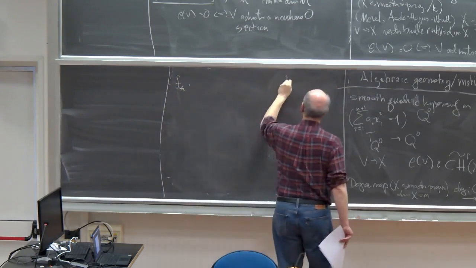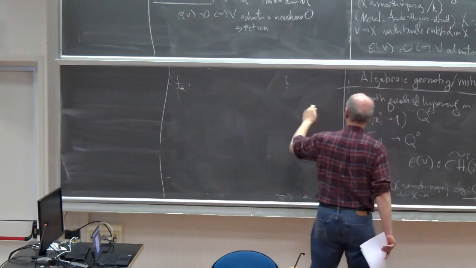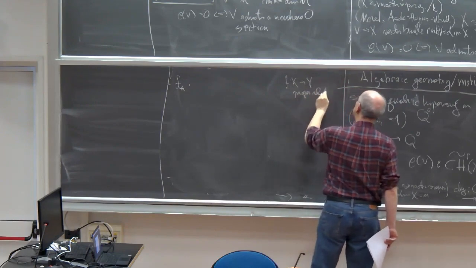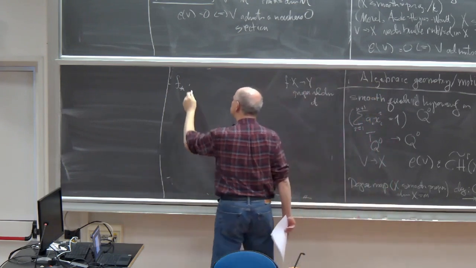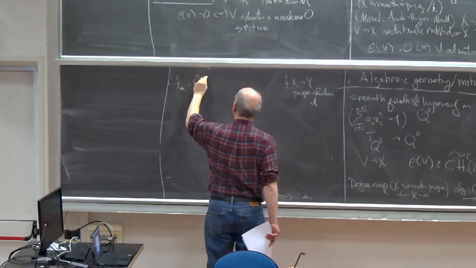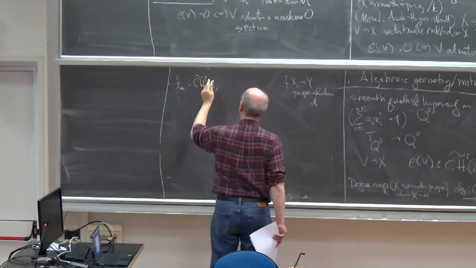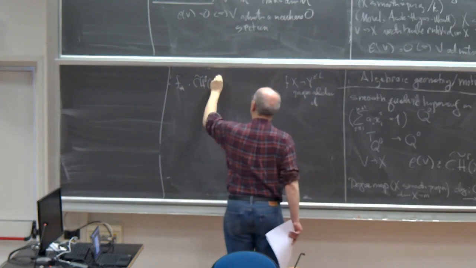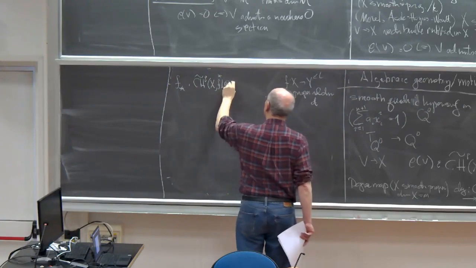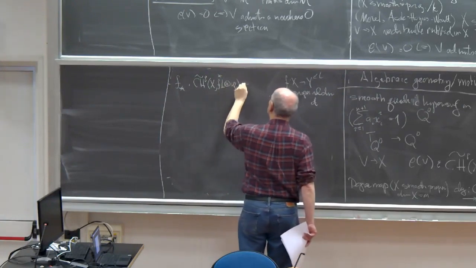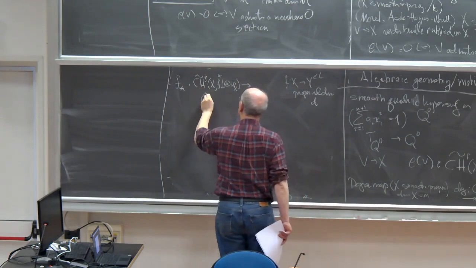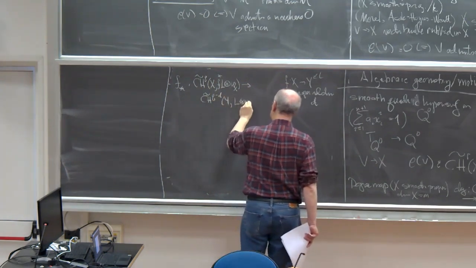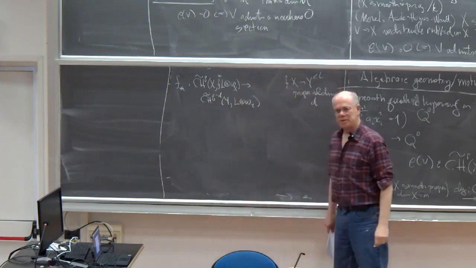Let's say f from X to Y is now proper of relative dimension d, and so this goes from Chow-Witt q on X. So you have to have a line bundle L on Y now, f star L, but you have to tensor with the orientation sheaf on X. And then it goes to Chow-Witt q minus d on Y with coefficients in L tensor the orientation sheaf on Y. So the push-forward maps have the orientation.